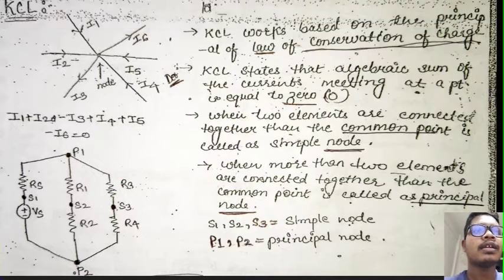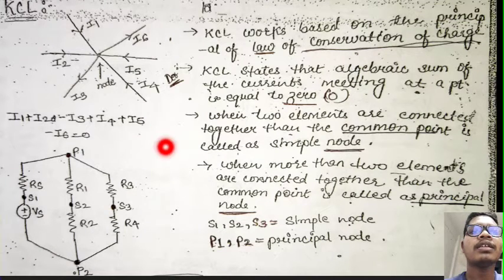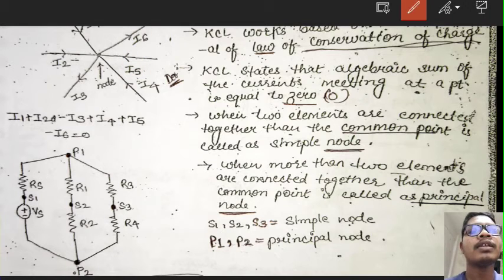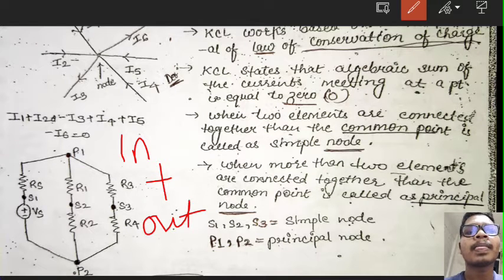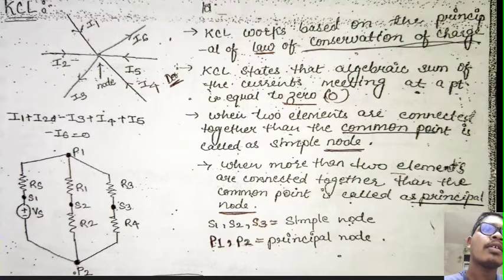So let's add all these things. I am taking the incoming currents I1, I2, I4 and I5 as positive. Incoming means positive, and outgoing means negative. So for incoming current I am taking a positive sign, and for outgoing current I am taking a negative sign.